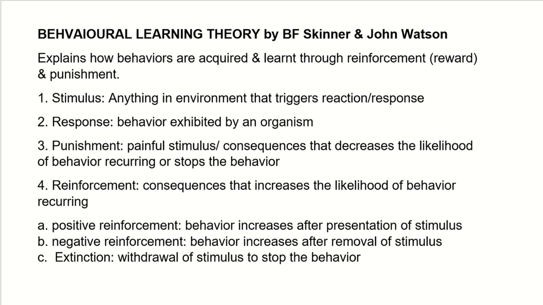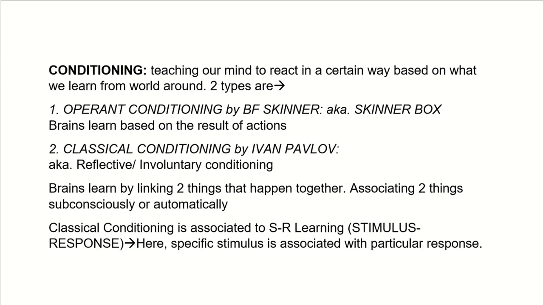So this particular theory is a little important. We have to continue this. Then we have conditioning. Conditioning means teaching our mind to react in a certain way based on what we have learned from the world around us. There are two types of conditioning. One is operant conditioning, given by B.F. Skinner, also known as the Skinner box, where brains learn based on the result of actions: the feedback we get is what the brain uses to learn how to respond.